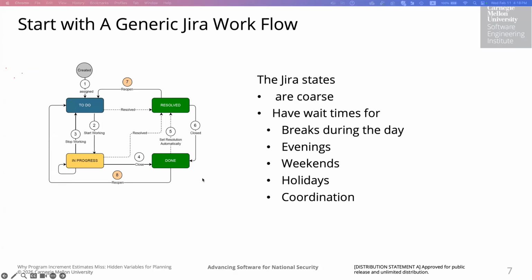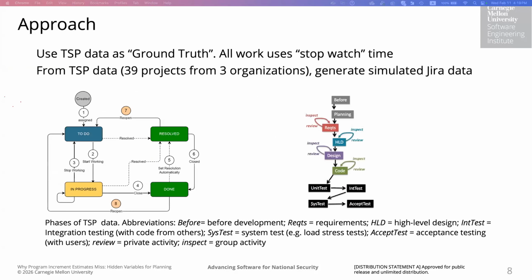But overall, what we see is that these Jira states are generally coarse, and the time that you record for each of these states has built-in wait times for, say, the breaks during the day, the evenings, weekends, holidays, and all of the delays due to coordination.